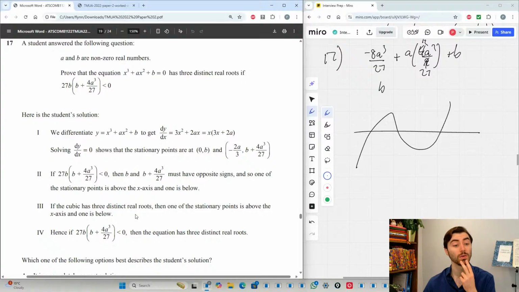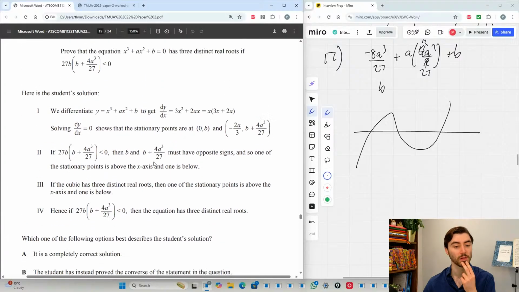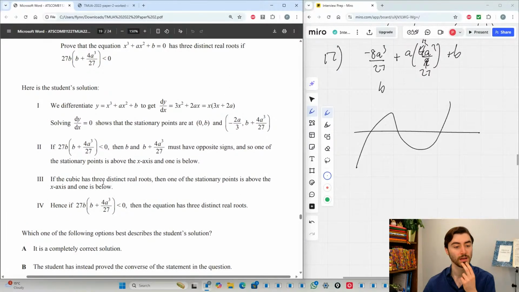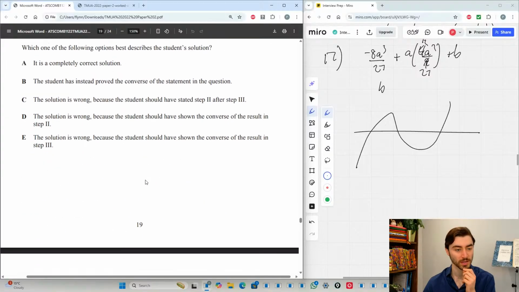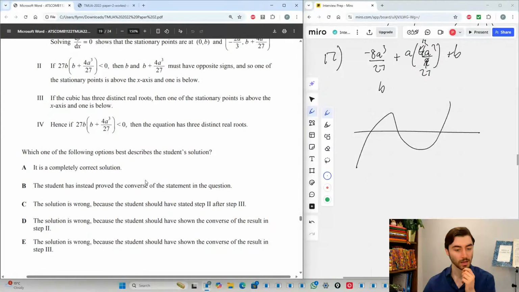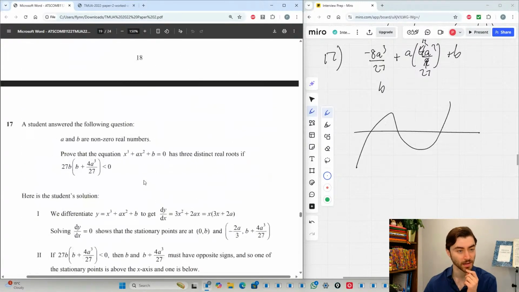Oh, maybe that's right. Because we've proven that one of the stationaries is above the x-axis and one is below. And what they should have done then is said, okay, well, if one is below and one is above, then 3 distinct real roots. Why don't we go for that? So considering them using my multiple choice technique, I think the answer is E on 17.